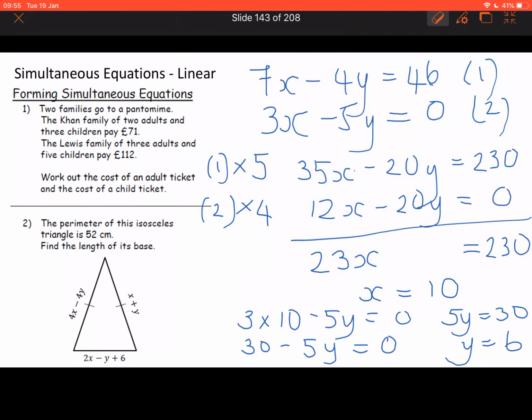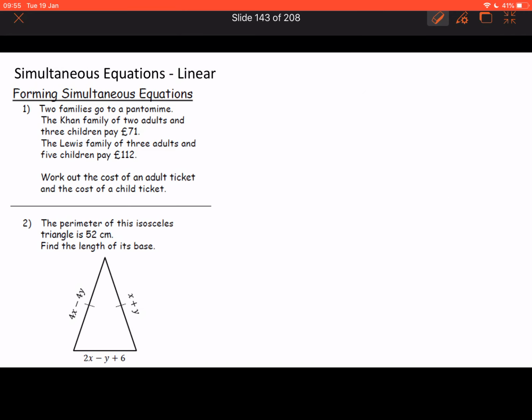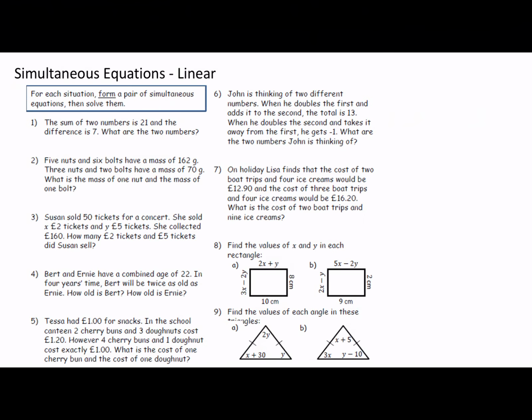So, your task for today is on the screen. You have got some bits of information here that will allow you to form a pair of simultaneous equations before then solving them, showing your full formal working. The question 8 and question 9, those are the challenge ones.